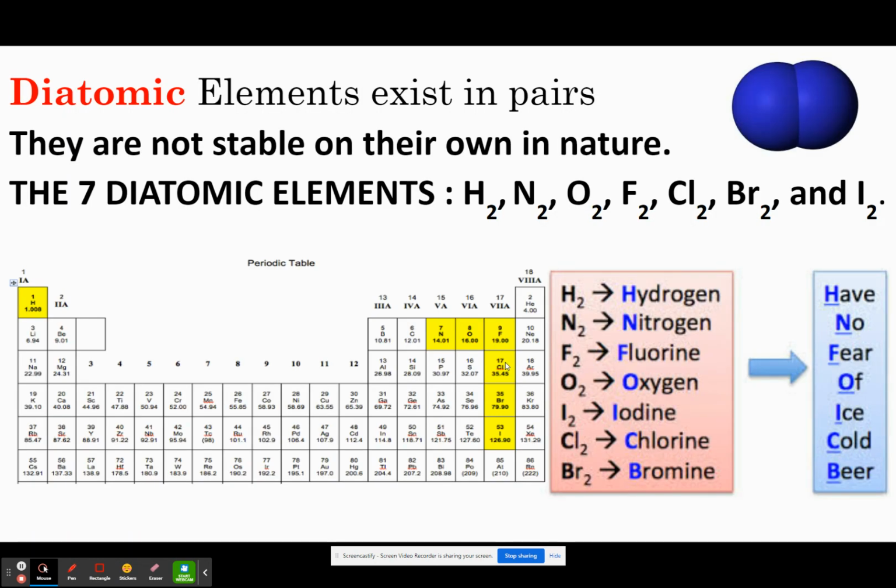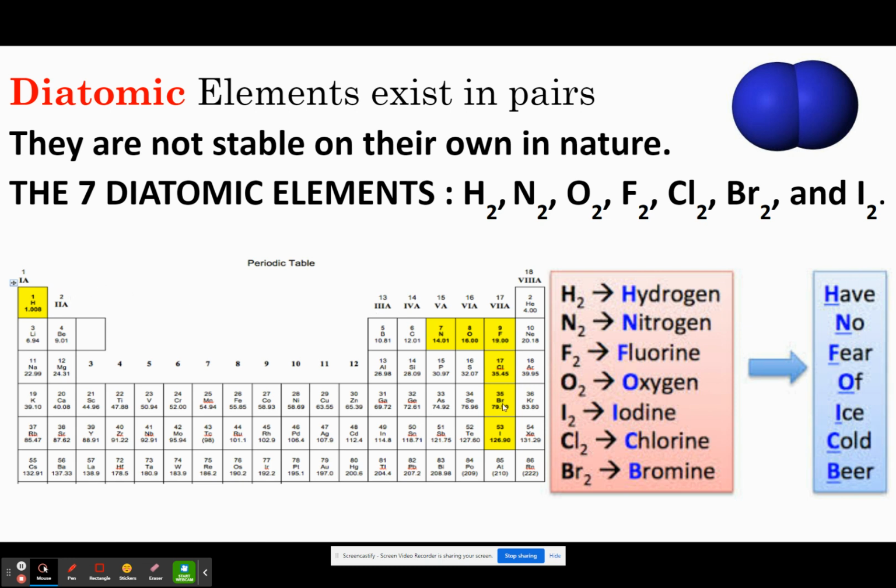There's some special elements that are called diatomic elements because they want to be attached to something so badly that they are found in nature attached to themselves. They are hydrogen, nitrogen, oxygen, fluorine, chlorine, bromine, and iodine. So we will have to memorize these by the time we get to chemical reactions, which is why I'm showing you them now.